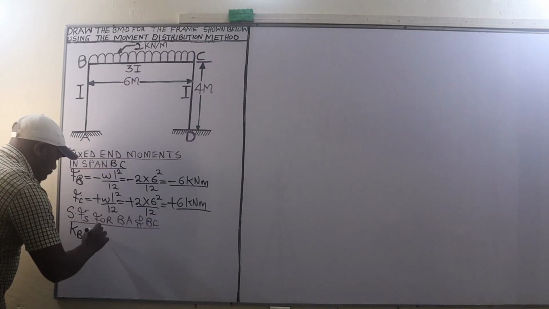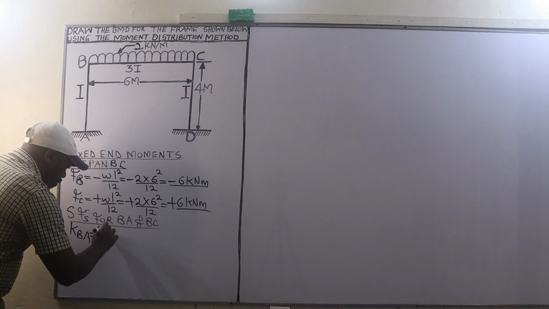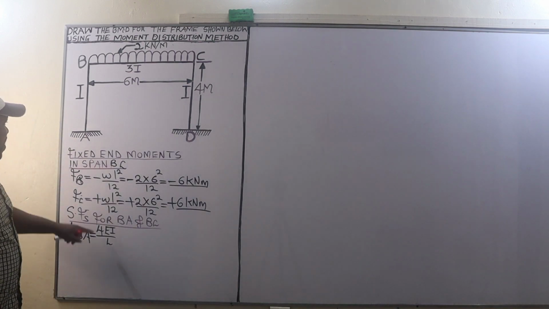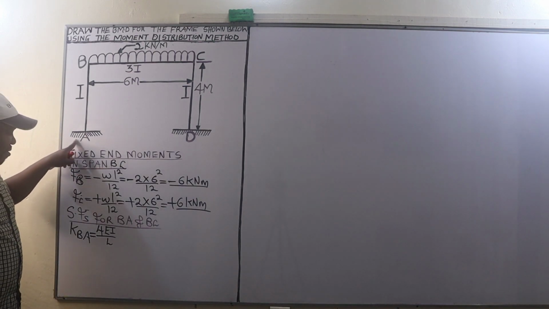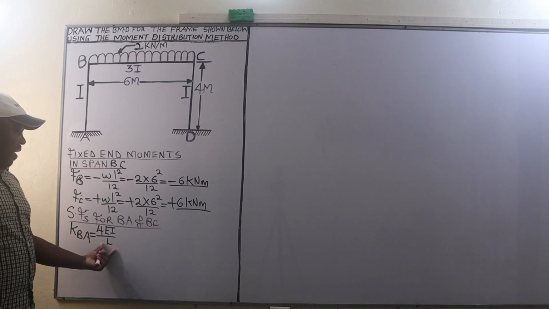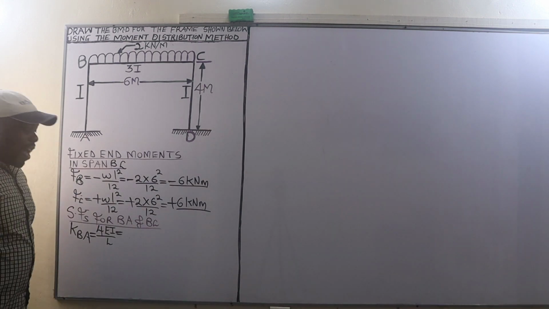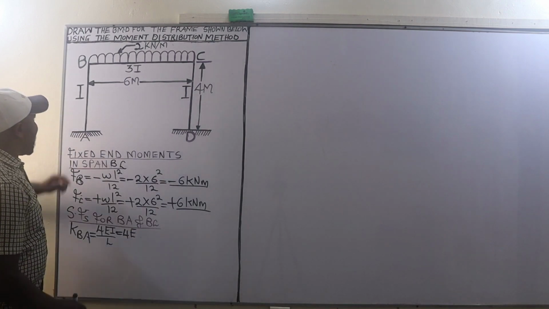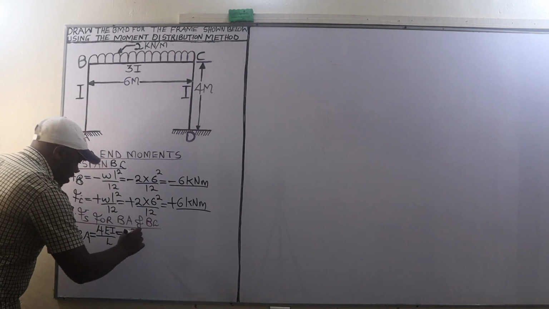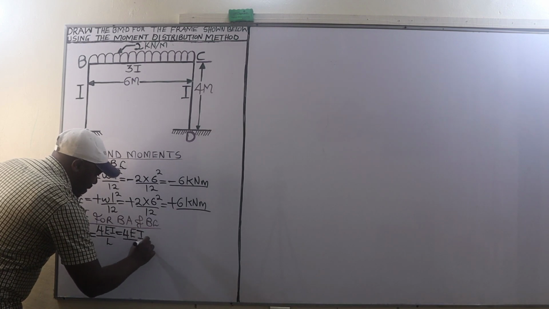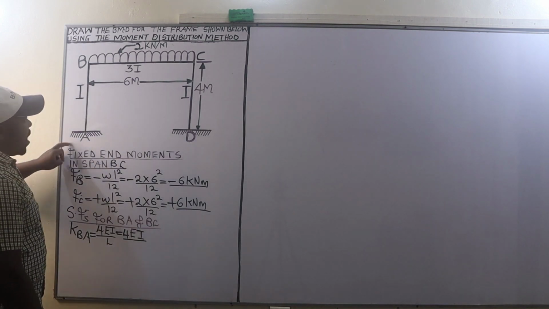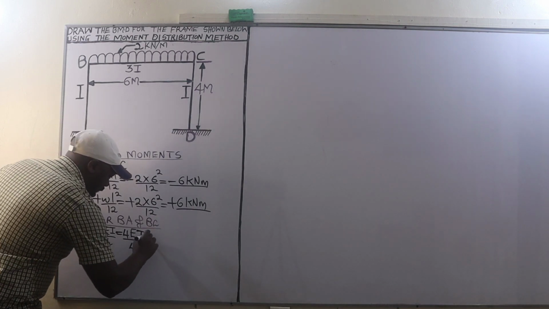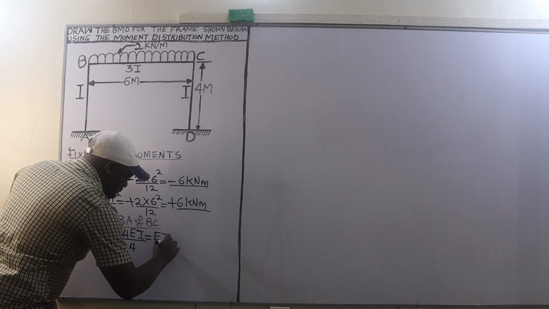The stiffness factor will be given by 4EI divided by L, since the beam is fixed at A. So when a beam is fixed, that is the formula for determining the stiffness factor. This will be given by 4E multiplied by I, which is just a single I, so 4EI divided by the span BA, which is 4 meters. We divide that by 4, and that's going to give us EI.